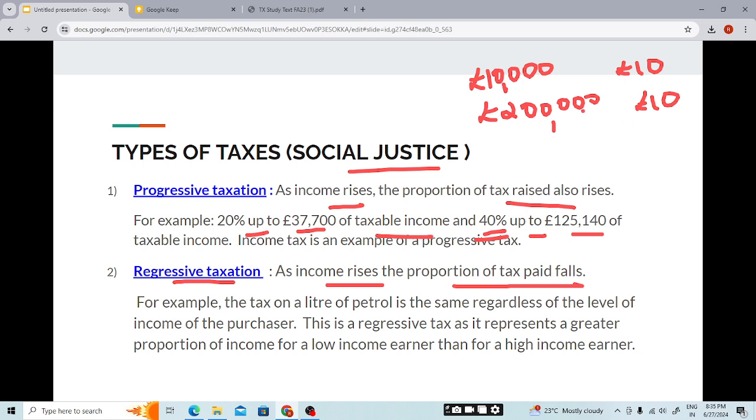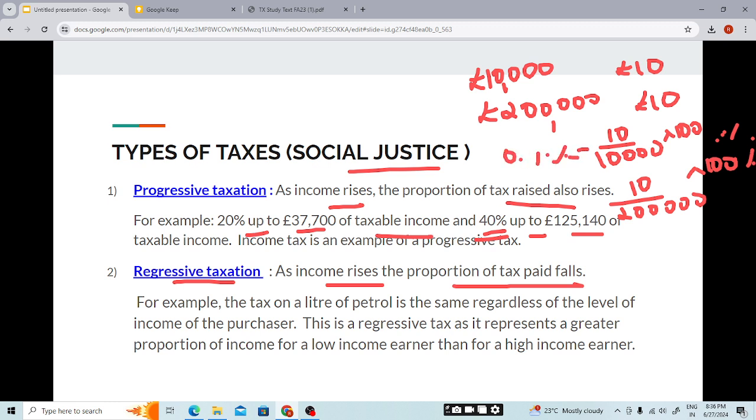So if you do the proportion of this, 10 divided by 10,000 into 100, and 10 divided by 2 lakh pounds into 100 percentage, you will be getting 0.1 percentage.